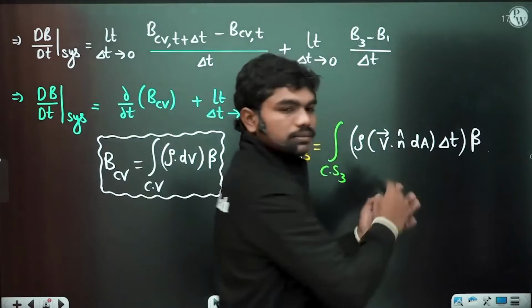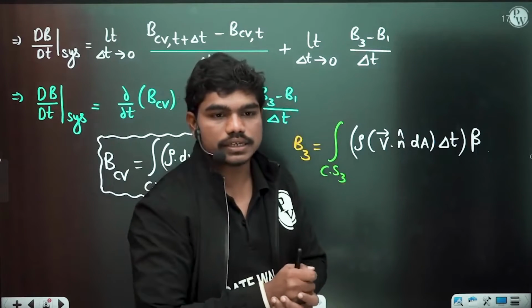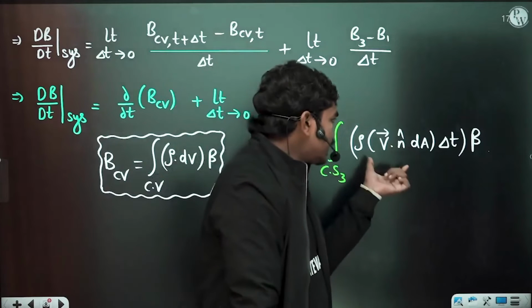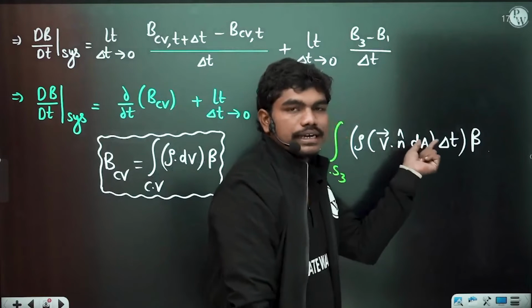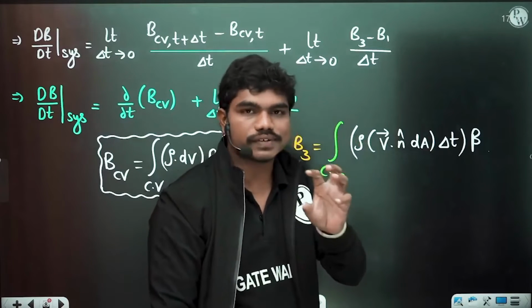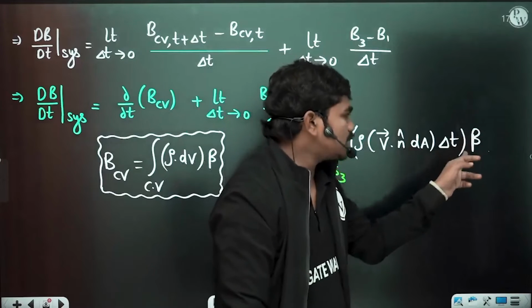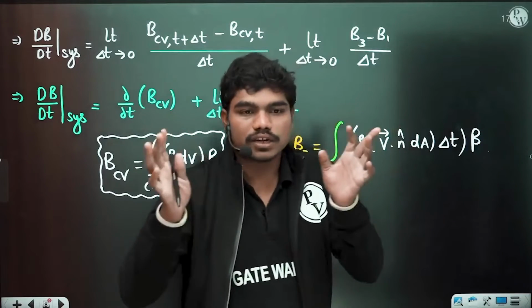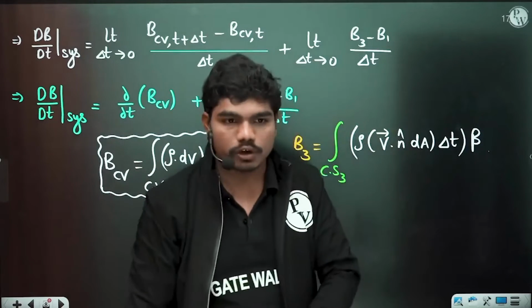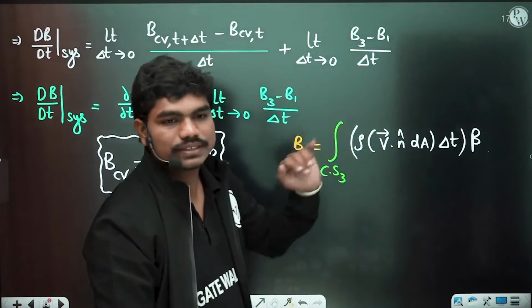Look again, I'm repeating, this is the mass flow rate. So mass flow rate multiplied with the time gives you the total mass which is crossing this control surface, and the total mass crossing this control surface multiplied with this property per unit mass gives you the total property which is actually coming out of that control volume, correct?